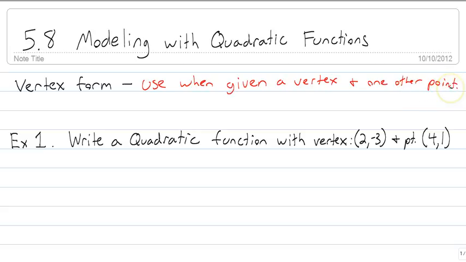The format for vertex form again is y equals a, some constant out front, times x minus h, so the opposite of the x coordinate, squared, plus k, which is the y value for the vertex. So the vertex would be h comma k.